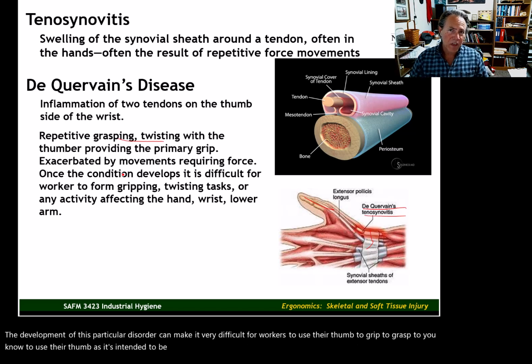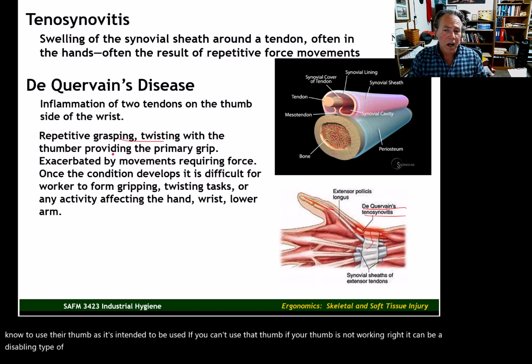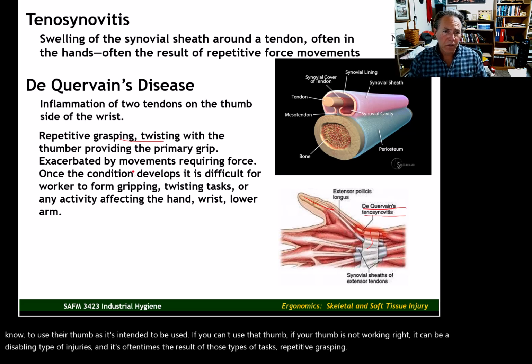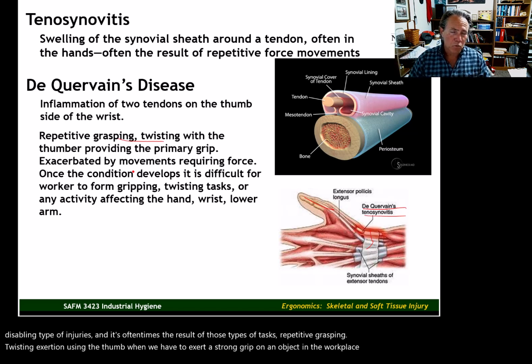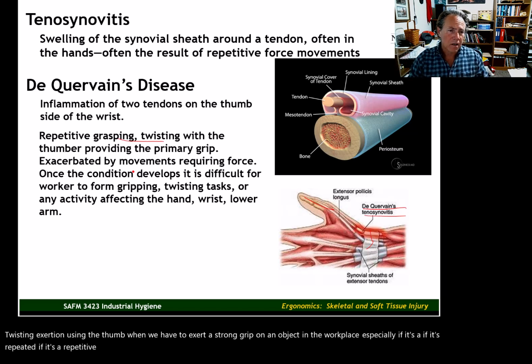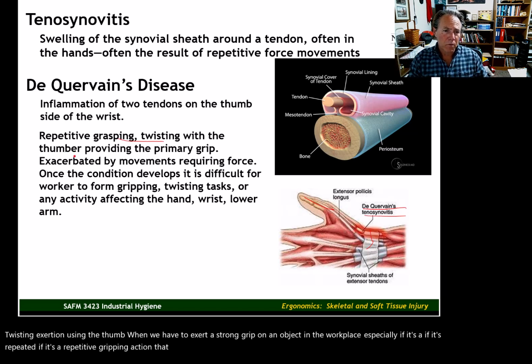If your thumb is not working right, it can be a disabling type of injury. And it's oftentimes the result of those types of tasks, repetitive grasping or twisting, exertion using the thumb. When we have to exert a strong grip on an object in the workplace, especially if it's a repetitive gripping action, that can result in this particular disease.